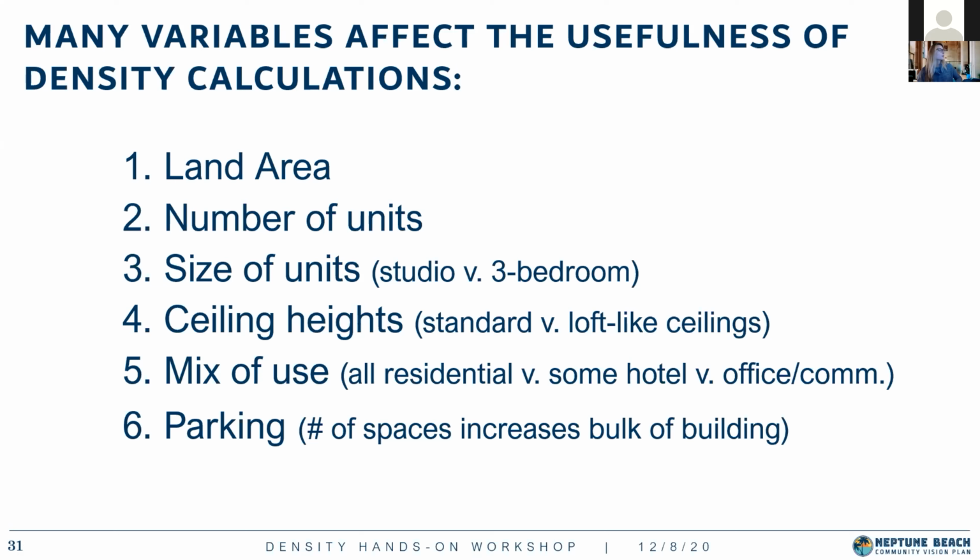The number of units in a project will greatly affect the density, and similarly, the size of each of those units will affect it as well. Things like ceiling heights, the mix of uses, as we've already discussed, if there's some office, commercial or a hotel versus just residential, will also affect the overall density. And so do the number of spaces required, the parking requirements.